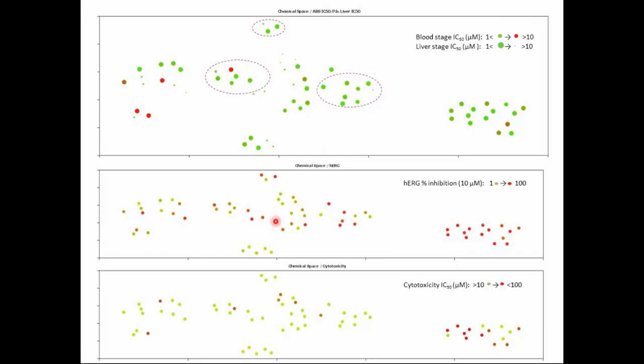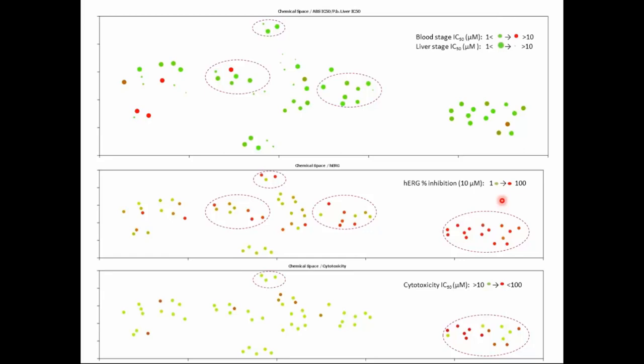On this slide, we can see that for some series, if we look at ERG inhibition or cytotoxicity, we are very likely to have difficulties to move away from these activities that are not desired, because it looks like it's more series specific and not compound specific.